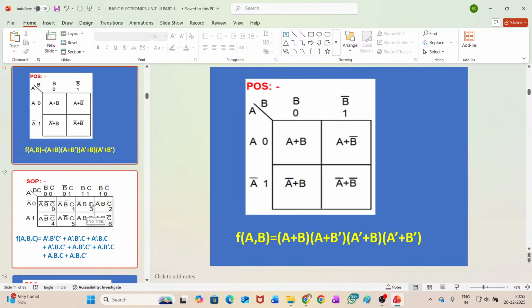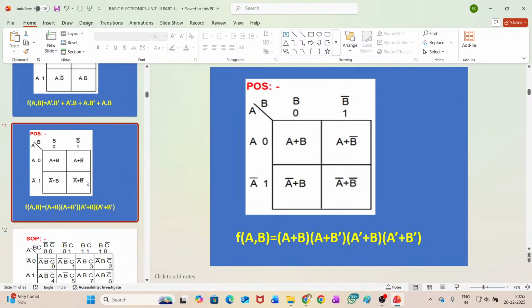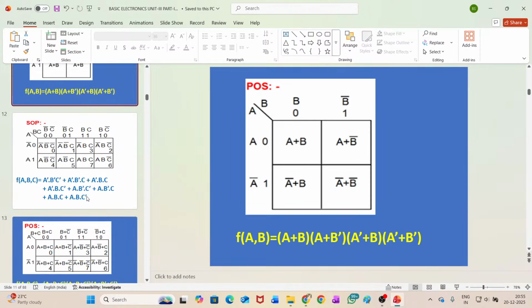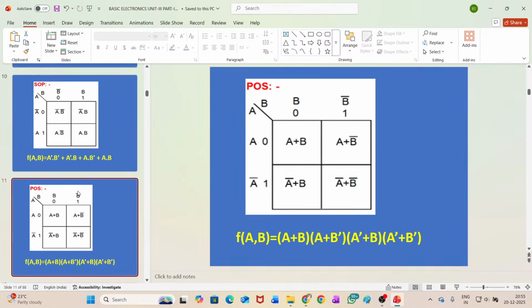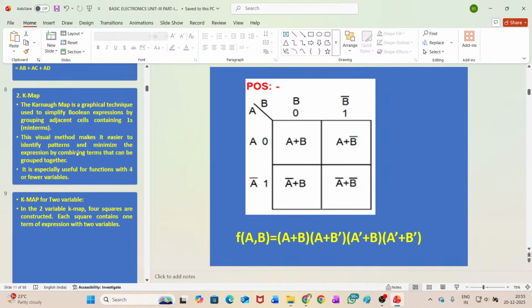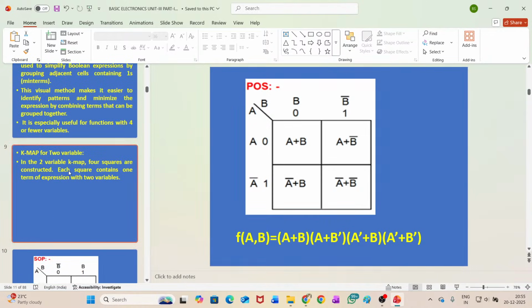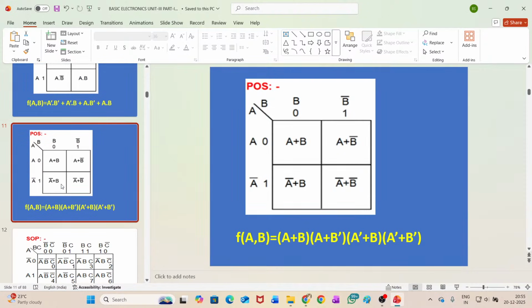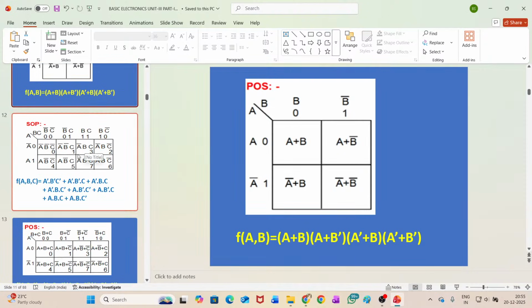Okay then. Similarly, this is for two variable system. I think some slide has been deleted, unfortunately.